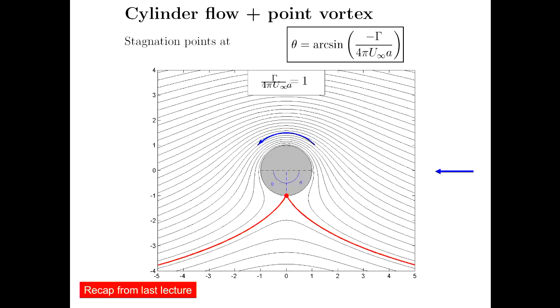And this is the critical point when the parameter gamma over 4 pi u infinity a is equal to 1. We only have a single stagnation point located on the cylinder.